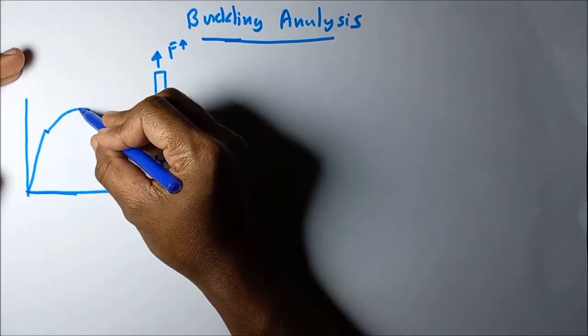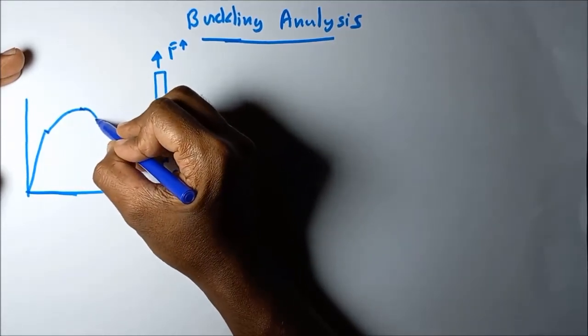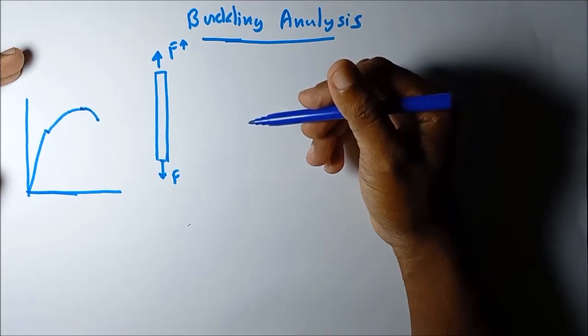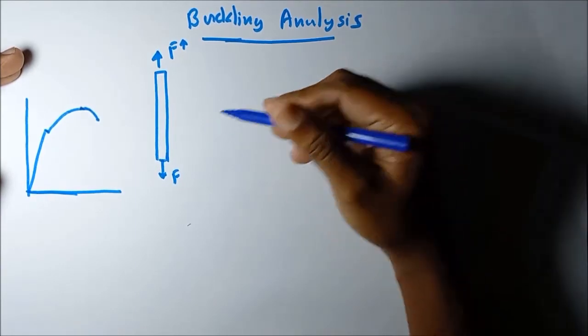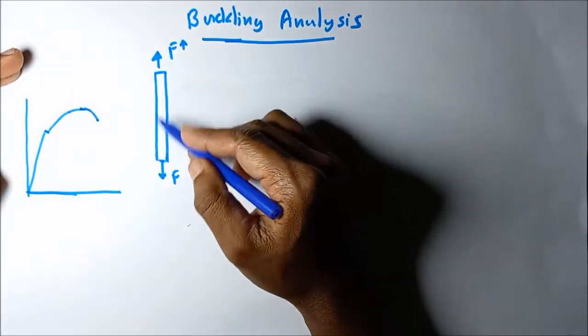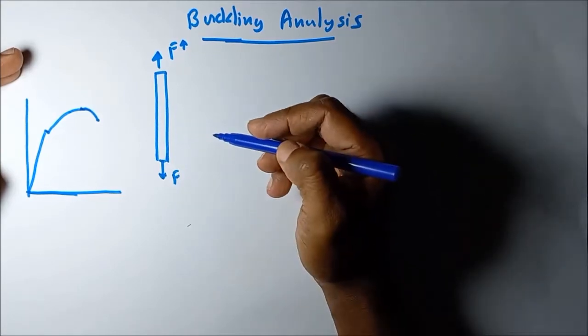When it reaches the ultimate tensile stress, it suddenly loses its strength capacity and fails. This is the method of failure of an axially loaded component in tension.